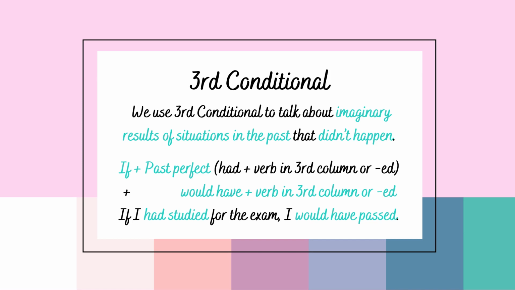We use past perfect and would have plus the verb in third column or ed. It's important to remember that the have of the would have never changes. It never changes to has.